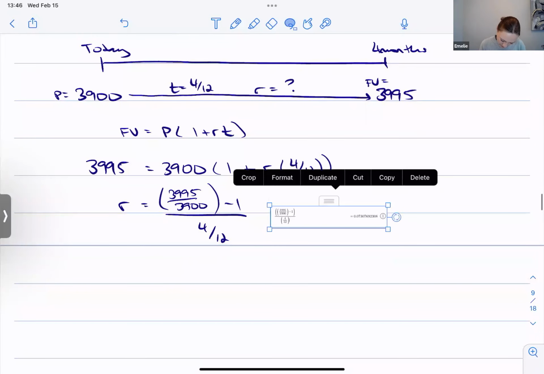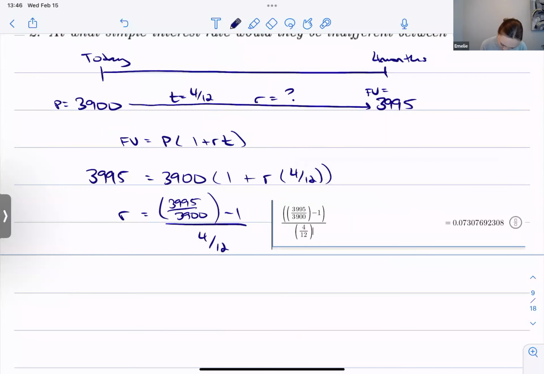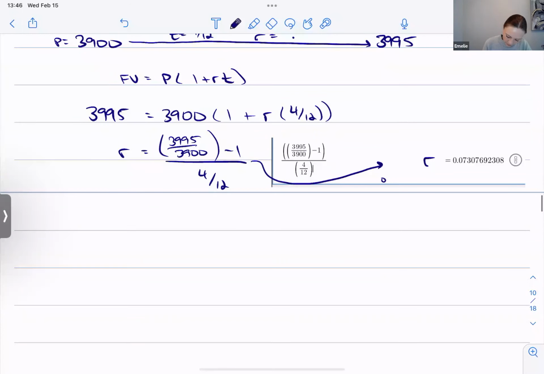how do I squeeze this onto one page? Because this is the last one that we're doing. So here, R is 7.31%, right?